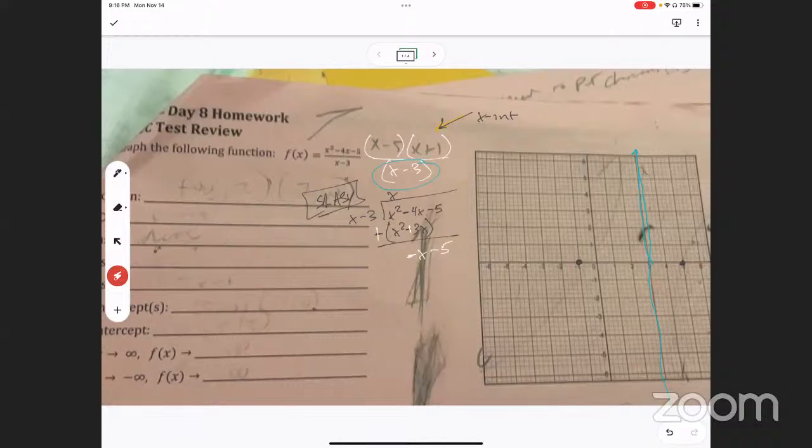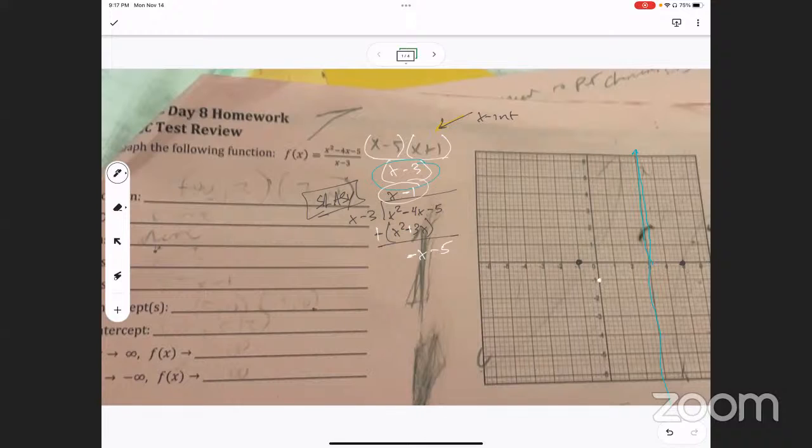And how many times does this go into this? Divide it. What do you get? -1. And that's your slant asymptote. x minus 1 is your slant asymptote. Okay. So x minus 1 is here.